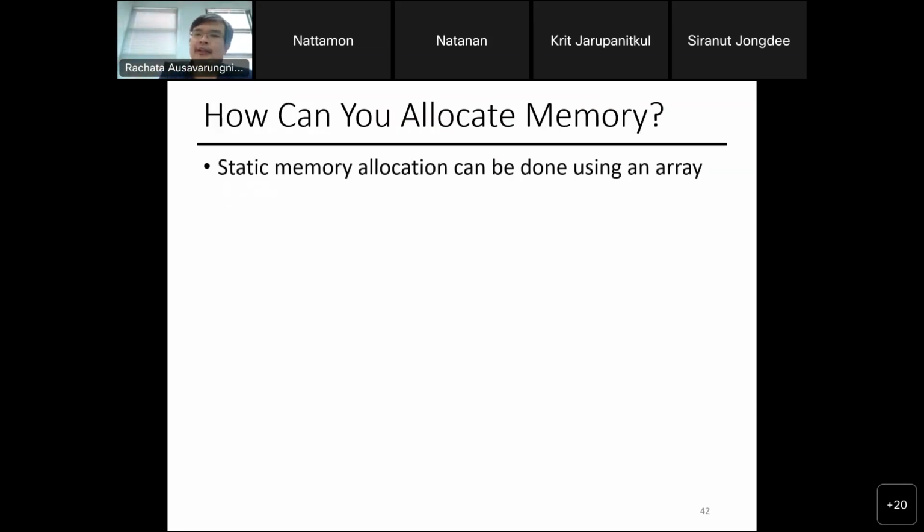Static memory allocation is done through an array, something like int A[10]. It basically means that the OS goes and finds free space for 10 integers and gives the program back that empty space that you can use later. So that's static memory allocation. Why is it called static?